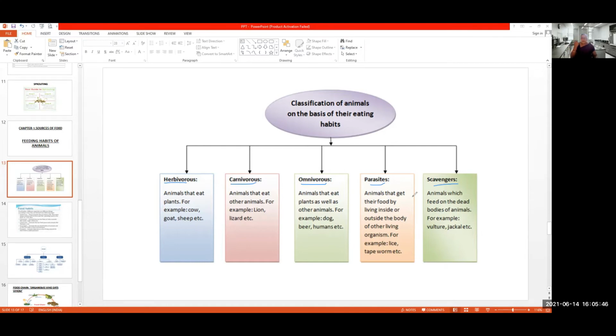The same way, the tapeworm is a worm which is present inside the intestine. Sometimes somebody will have a stomach ache, and often you will feel hunger because of a rise in the number of tapeworms inside our stomach.